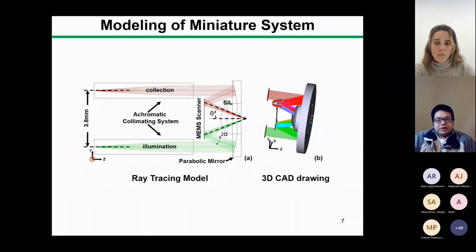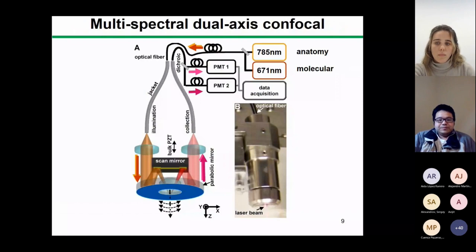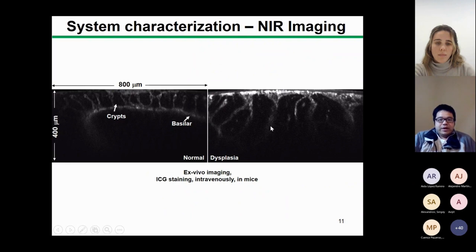This is a basic simulation using ray tracing, and the scanner we developed in the microfabrication foundry in Michigan, which we integrate into the handheld system for miniaturized packaging. Here we can see goblet cells on mouse colon tissue, and then dysplasia, which is close to tumor, not tumor yet but an early status, in the APC CPC mouse model.